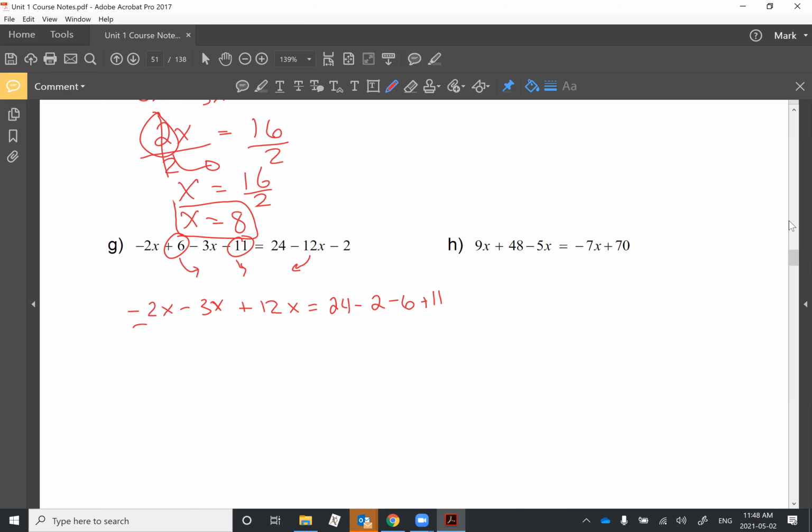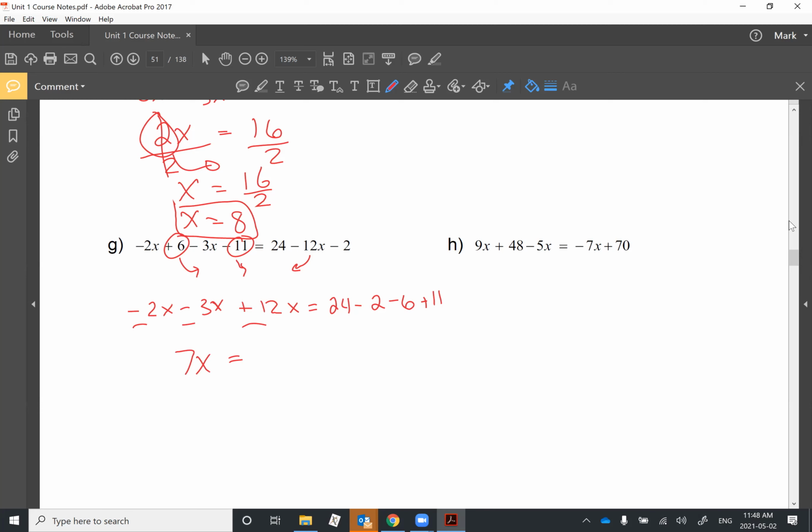So minus 2 minus 3 is minus 5, plus 12 would give us 7x equals 24 minus 2 minus 6 plus 11.